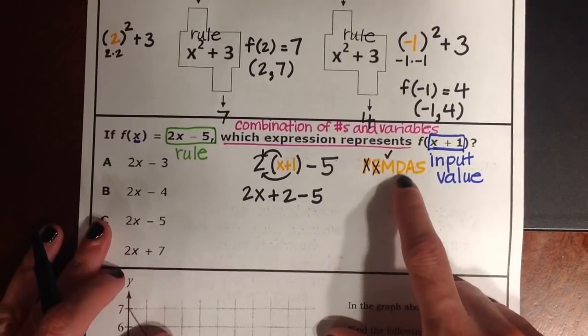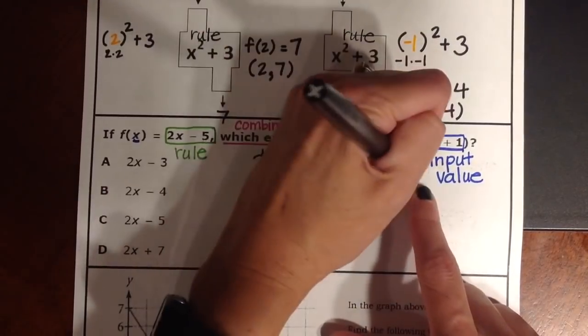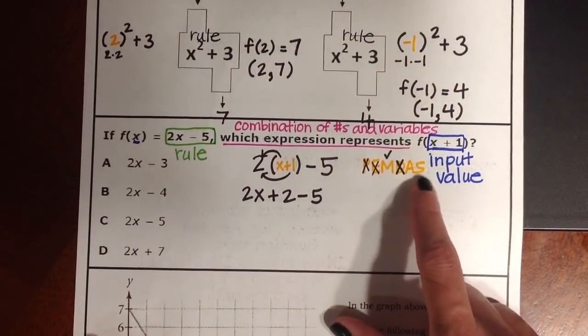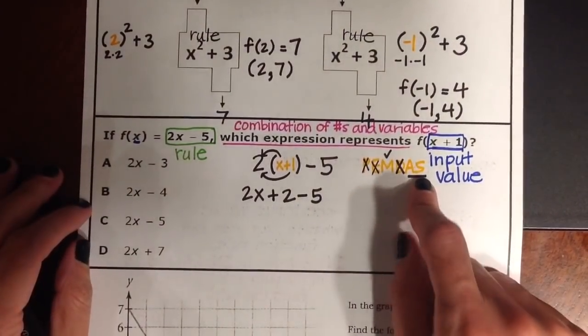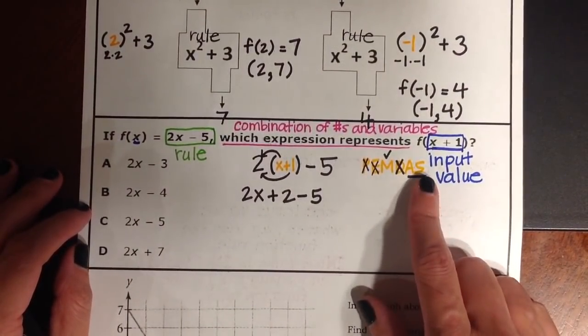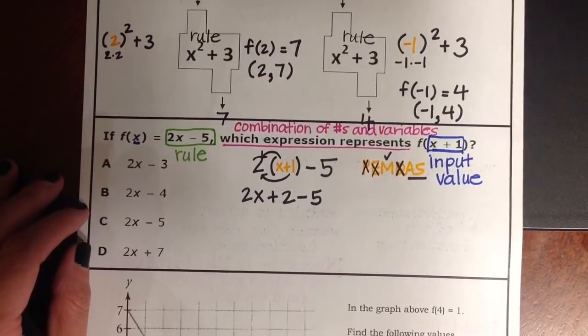Now I'm on to my next order of operations, and I'm at D for division. I do not see any division. And then when you get to addition or subtraction, you can work these the same way, because now you have run into a situation where you are combining like terms. I may need to use addition, or I may need to use subtraction to combine my like terms.